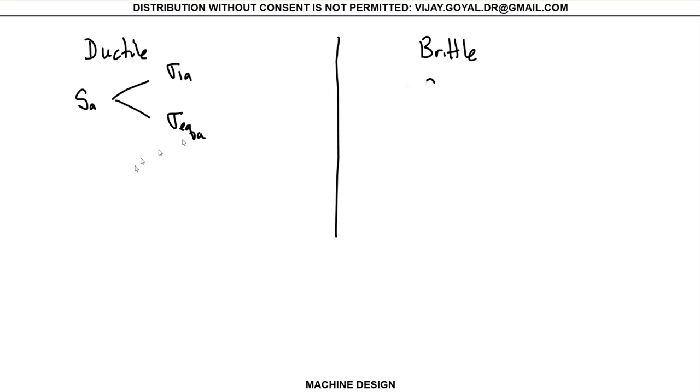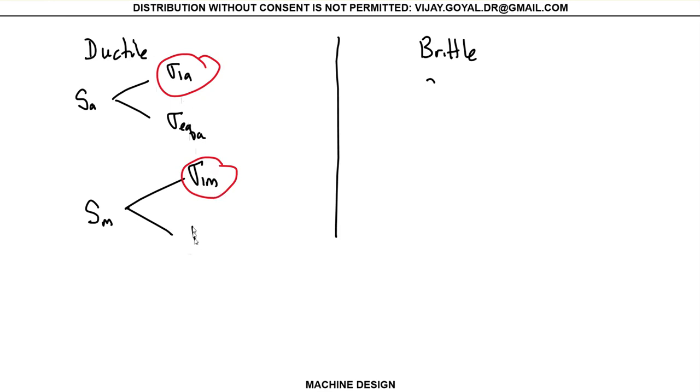Now, for your mean, you can do the same thing. If you use this for alternate, then you're going to use that for mean. You cannot combine sigma equivalent mean with sigma alternate.